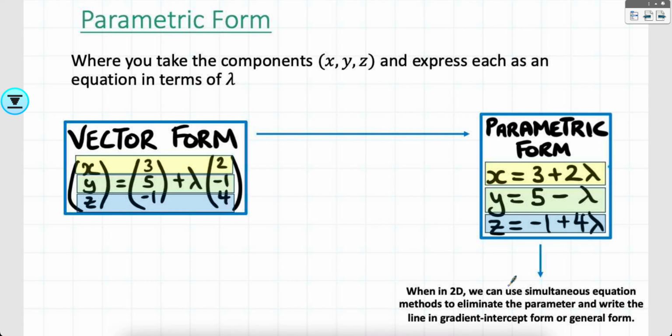And when you're in 2D, so imagine you're hiding the z part, you can use simultaneous methods. You eliminate the parameter, and then you end up getting the equation in gradient intercept form. So again, very close to home, something that you've done before. So this is writing it in parametric form.